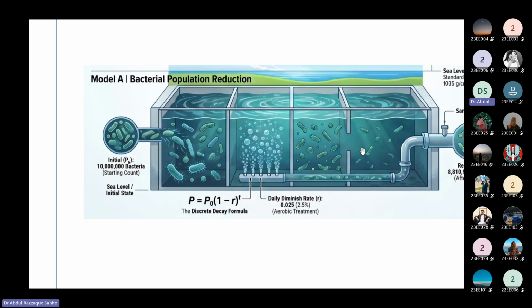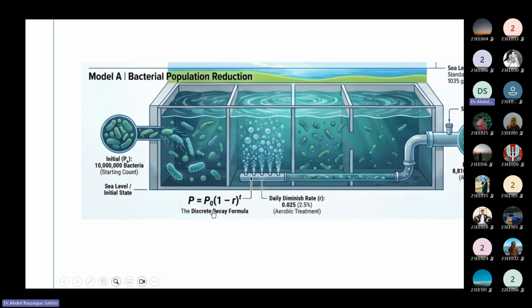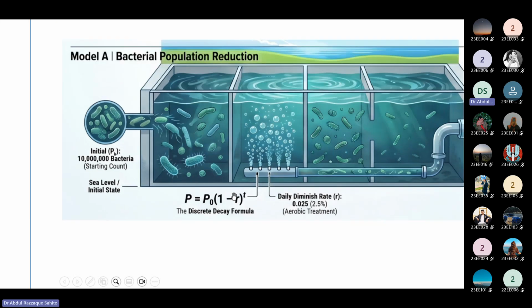Decreasing. This is because of this negative sign available over here. If I only change this negative sign to a positive sign, then the model becomes an exponential growth model. As we are treating the bacteria over here, the bacteria will diminish.